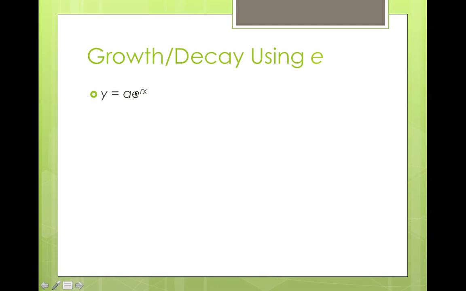So now it's not the base that's going to change. The base is always going to be this e, which is about 2.7. So that seems like we're always talking about growth, but that's not necessarily the case. We can also have decay when we are talking about using e.